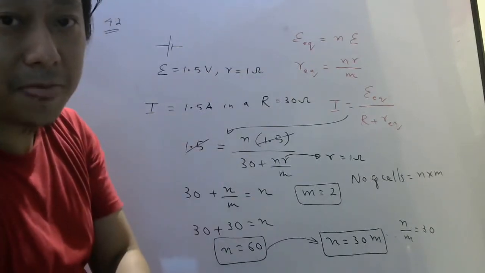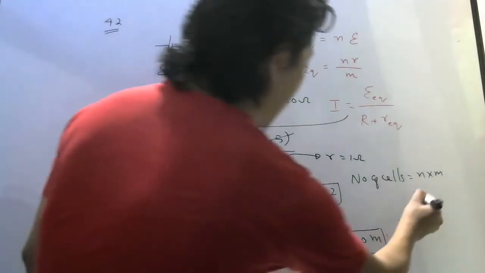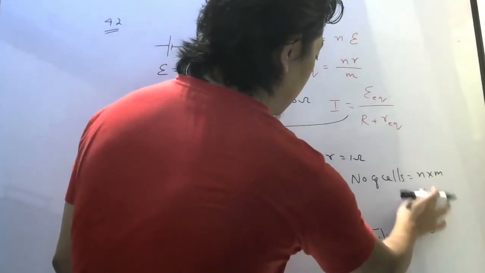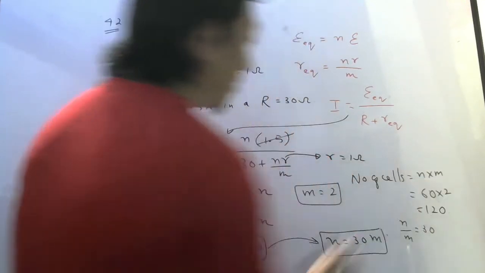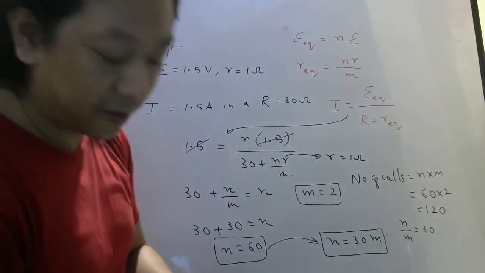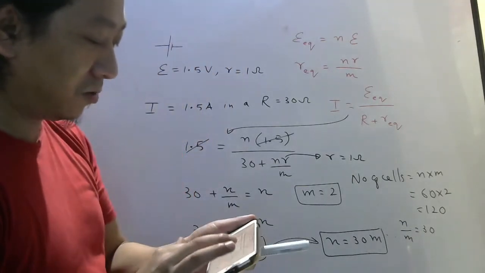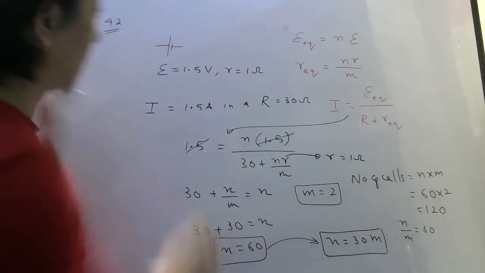So N is 60, M is 2, that will be 120 cells. So the answer will be 120 cells, the minimum number of cells you need. Option D.